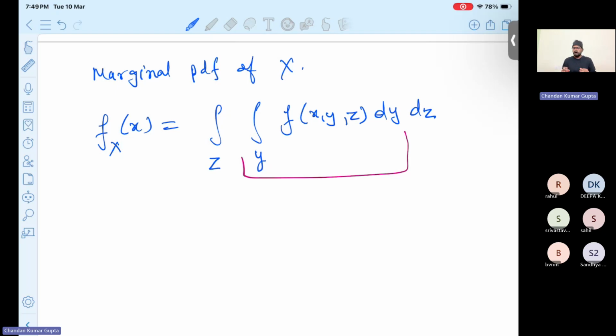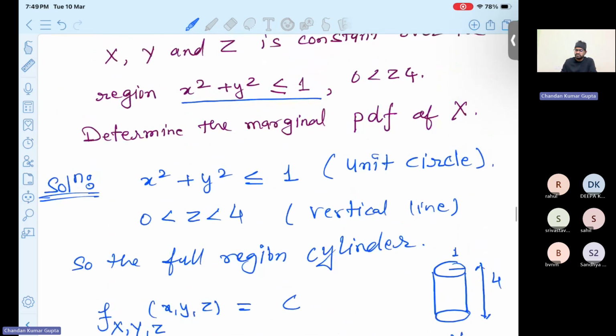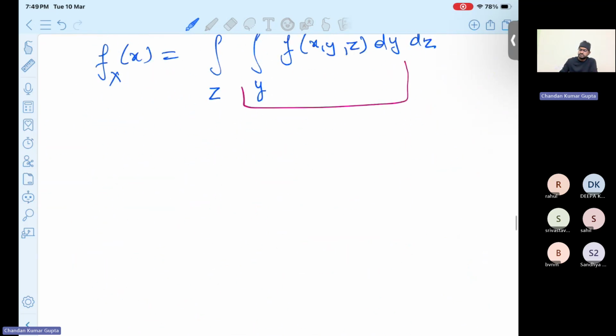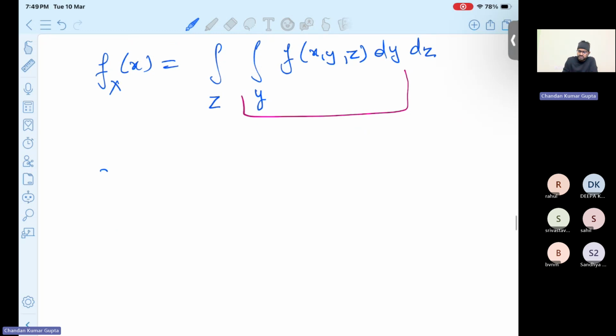Okay. Now, the limit of y, what should be the limit of y? This is one more condition because the limit of z is 0 to 4. It is already given. Okay. The limit of y is jointly given like x square plus y square less than or equal to 1. So that means x square plus y square less than or equal to 1.